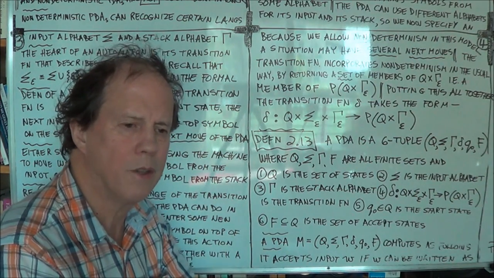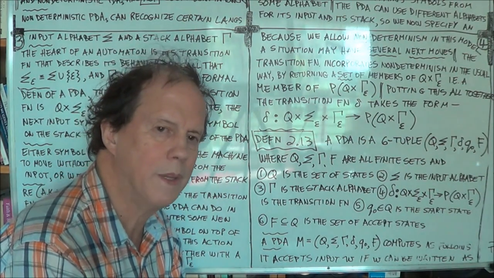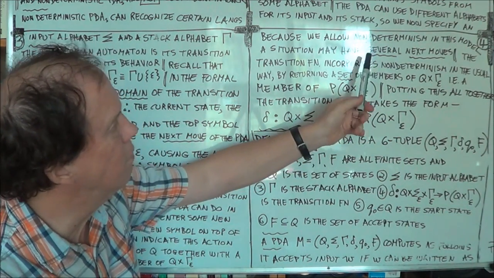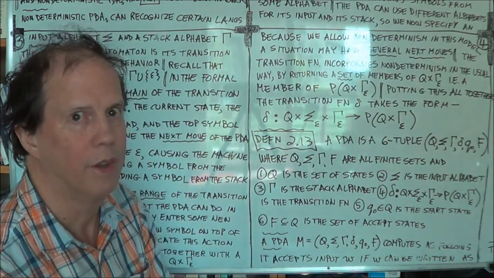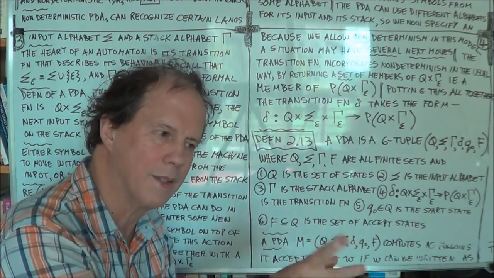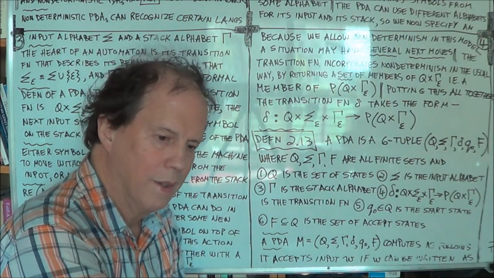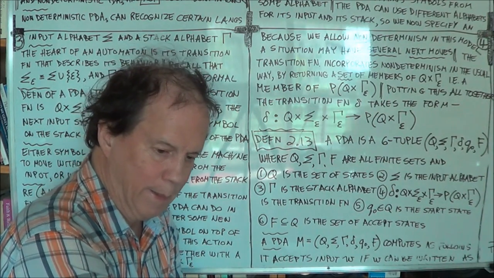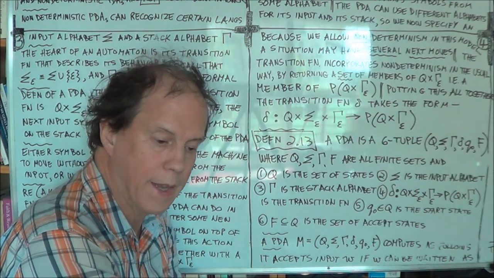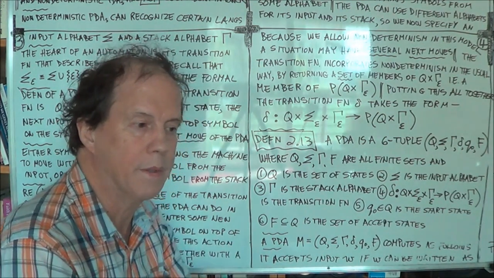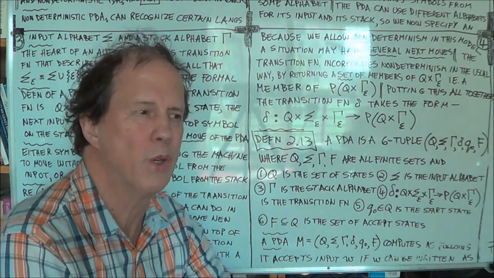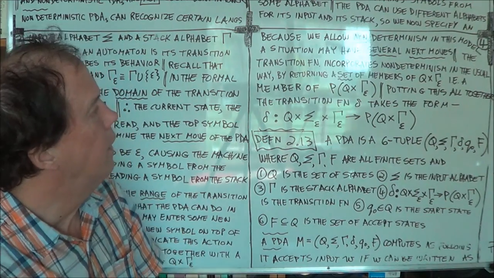Now we're talking about non-deterministic PDAs. And what's the essence of non-determinism? Well, you can have more than one next state. You can have, in this case, more than one next move. And remember, a move being two things: the next state and a symbol from your stack alphabet that you'll do something with, presumably write it, push it onto the stack.